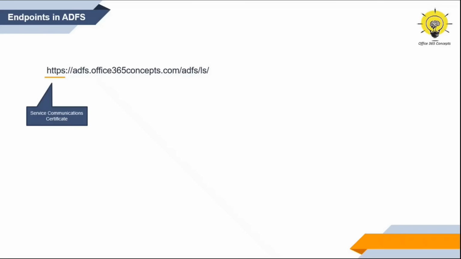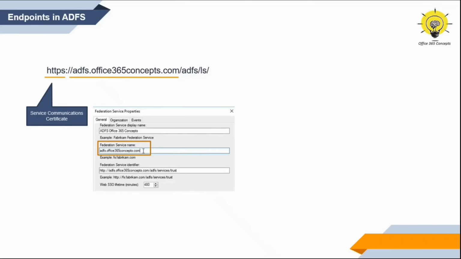I will show you this practically as well. The next part that you see in this endpoint is the Federation service name of your ADFS server. And next to the Federation service name is the URL of the endpoint that is responsible for receiving certain requests.